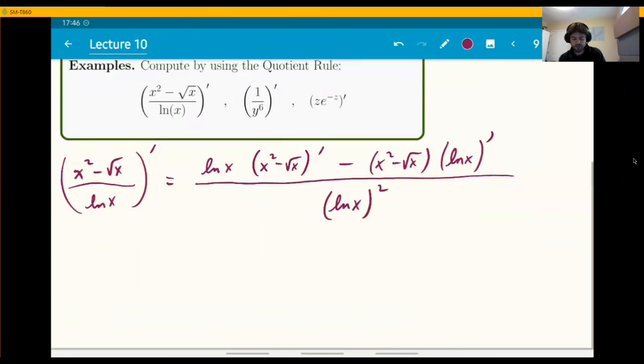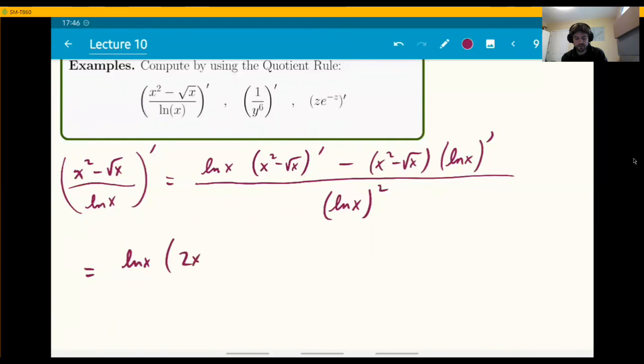Okay, now we need to compute these derivatives right here. X squared derivative is 2x. Square root of x, first of all, minus sign. Now, square root of x, remember that the derivative of square root of x can be found by writing x to the 1/2.